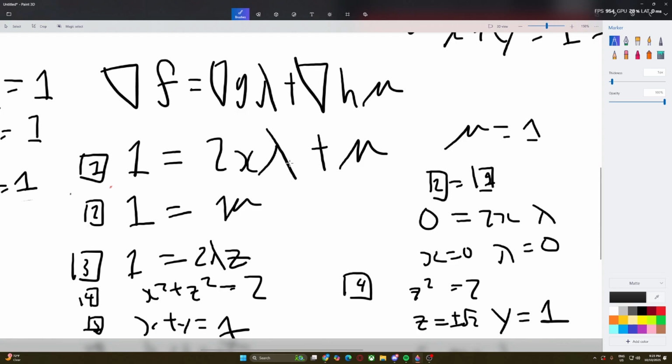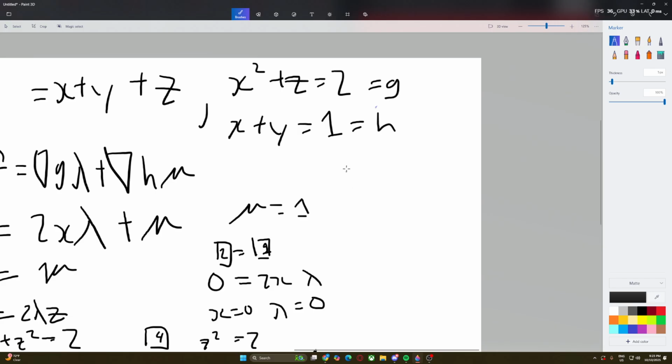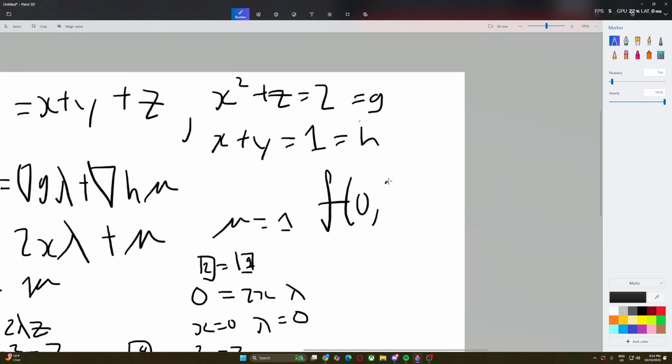And the other one, this mu equals 1 is just the same thing. These are the only answers you can get, which are z equals plus or minus square root 2, y equals 1, x equals 0. So the point should be 0, 1, and plus or minus square root 2.